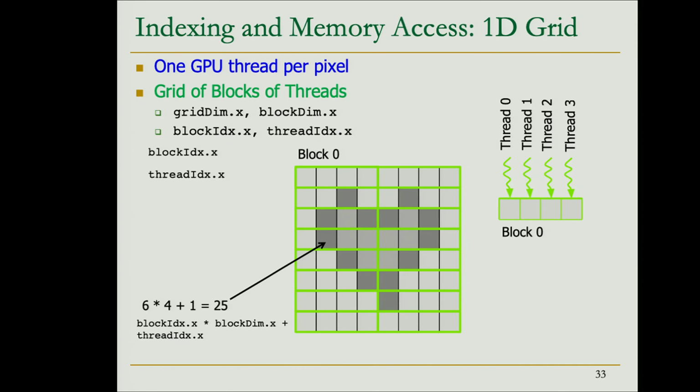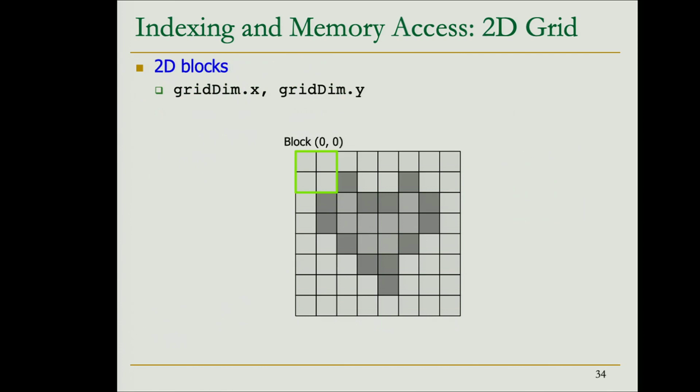In this case, this would be thread block number 6. The size of the thread block is 4, and inside the thread block, it's thread 1 which is going to work on it.